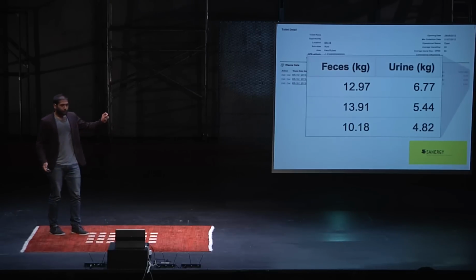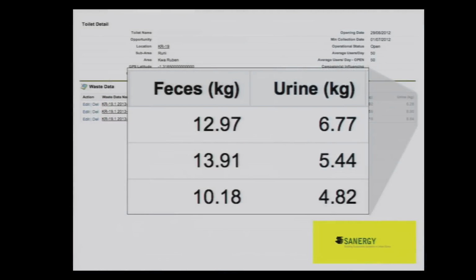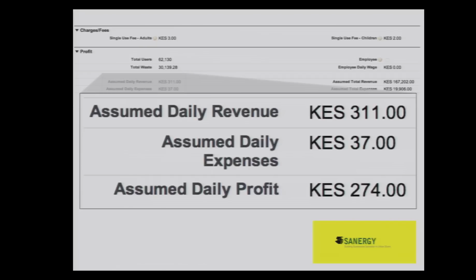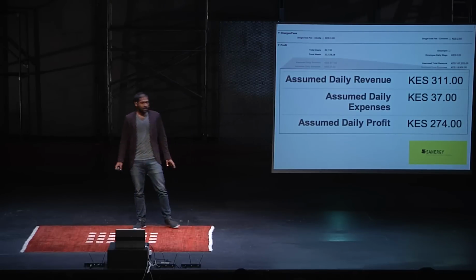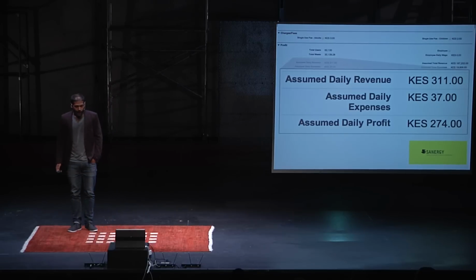Things like, exactly how many kilograms of feces and urine are we collecting from every toilet every day? And it turns out that keeping feces and urine separate is incredibly important for the decomposition process that comes next. And given that that's how much waste we're collecting, what does that tell us about the profitability of our toilet entrepreneurs? How much money are we helping these people to earn as an income stream? So 274 Kenyan shillings is roughly $3 a day.